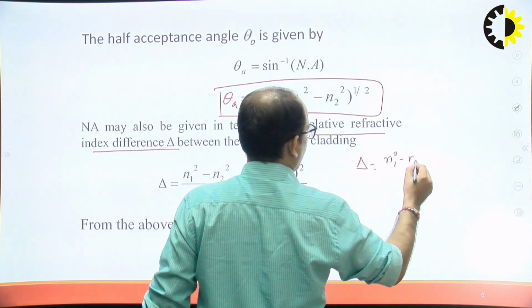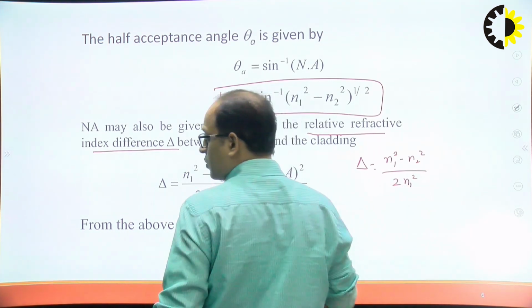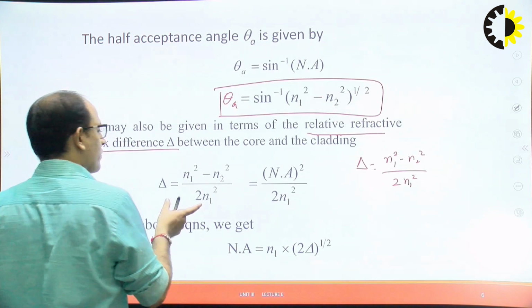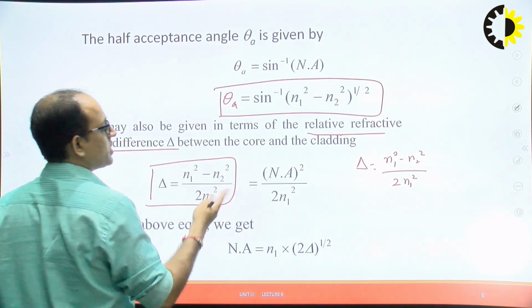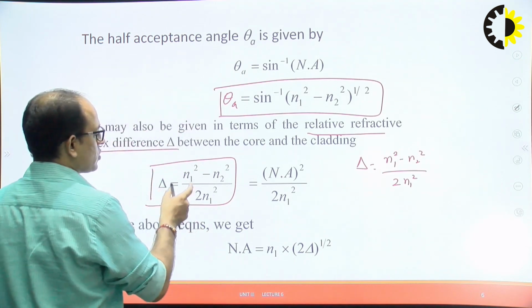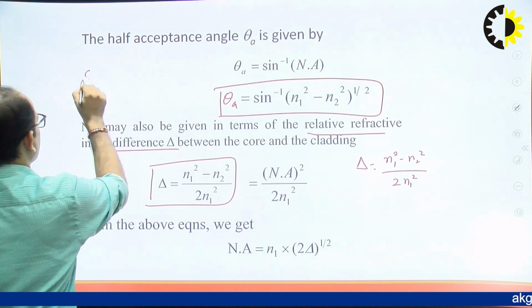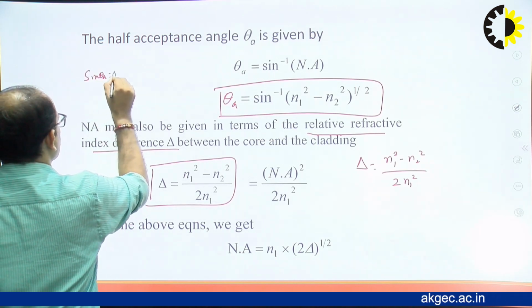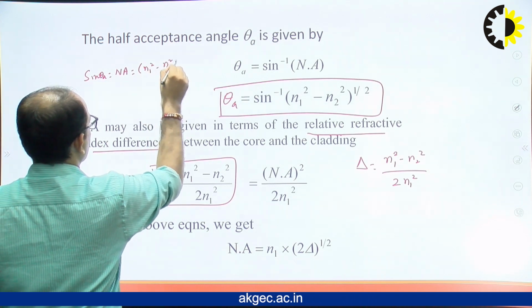n1 square minus n2 square upon twice of n1 whole square. Now this relative refractive index can also be expressed in terms of numerical aperture. As I know, sin theta a is equal to numerical aperture, and this is equal to (n1 square minus n2 square) to the power 1/2.